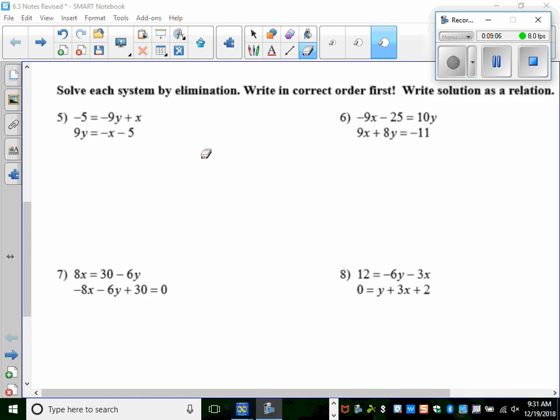Cross out the ones that are there, because we're not going to do your 5, 6, 7, and 8. We're going to do these 5, 6, 7, and 8. So just replace them with this. Okay. So we're going to do at least 5, 6, and 7. So just write those down, and then we'll work these out.